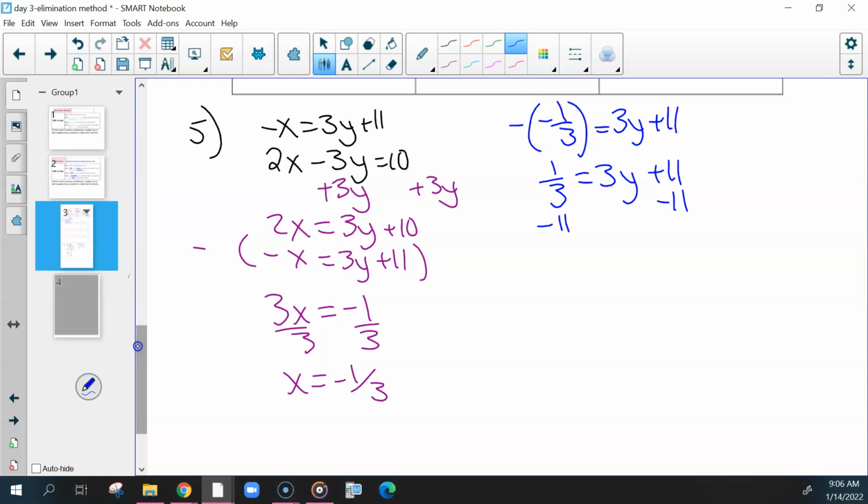Negative 32 over 3. Did we all get that? Yeah. And then, because this is already a fraction, instead of dividing by 3, I'm going to multiply this by 1/3. So negative 32 over 9. You guys can double check that.